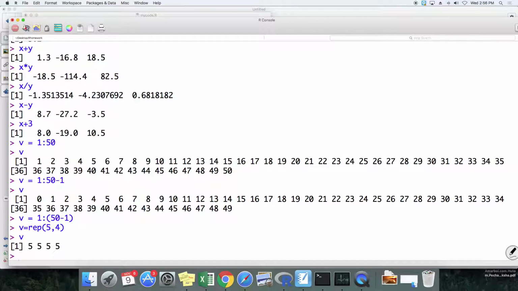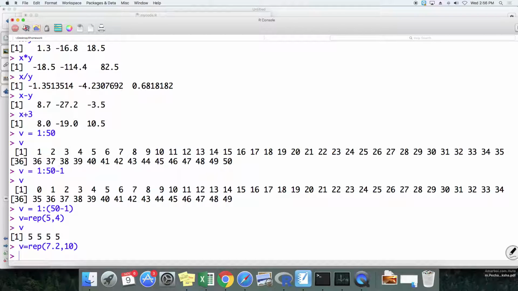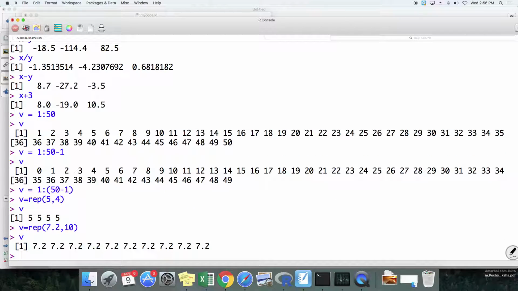Then v will be as you wish. Or suppose you want v to be the vector like 7.2 repeated 10 times. Then v will be 7.2 repeated 10 times. So let me copy this down.